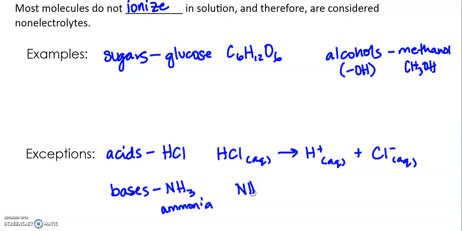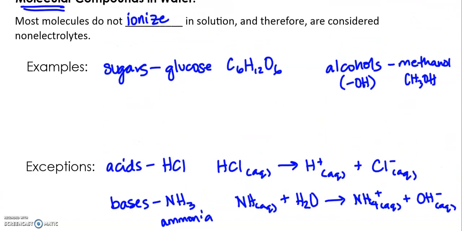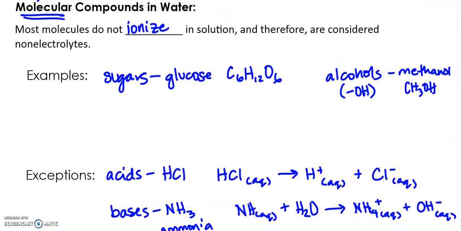And when we write NH3, to show this equation, it's still aqueous, but to show what actually happens, and we'll discuss this more and understand more why later, I'm going to actually write the water as a reactant so that we get NH4 plus, that ammonium ion, and hydroxide anions. All right, so that is kind of the basics of electrolytes and non-electrolytes.